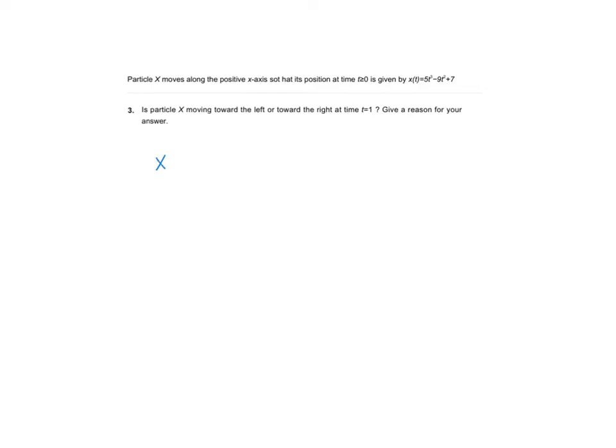So here I'm going to rewrite this position function. Okay, and then velocity is derivative of position, which is 15t squared minus 18t. Okay, and then now we're only interested in what's happening when t equals 1. So we'll plug in 1 into this.